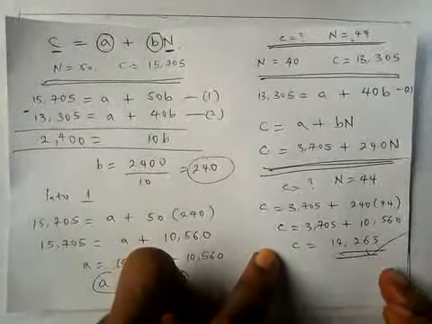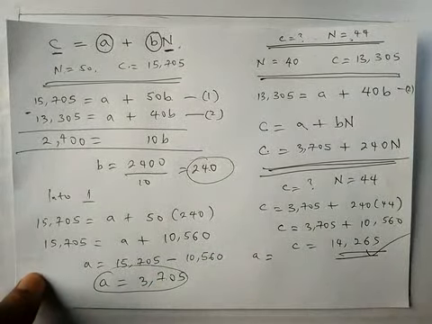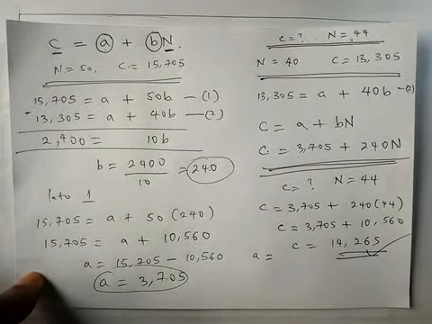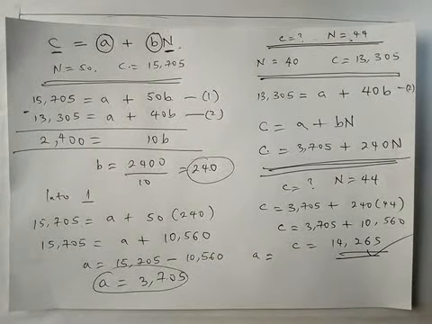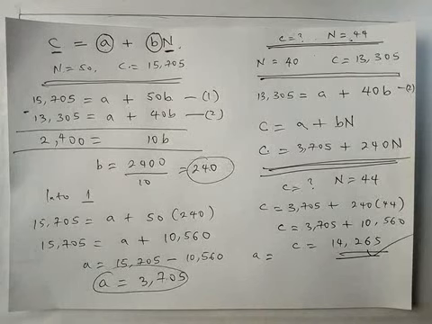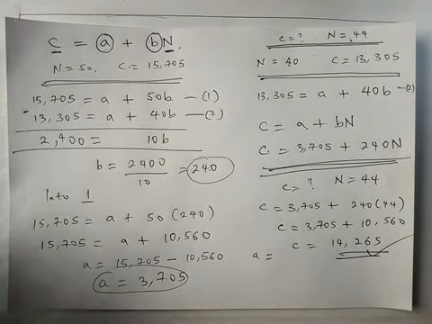Okay, so that's the cost when N is 44. Now I'll take the next one that has smaller values so that the values won't be too big, but it's the same process every time. It's just dealing with the values.